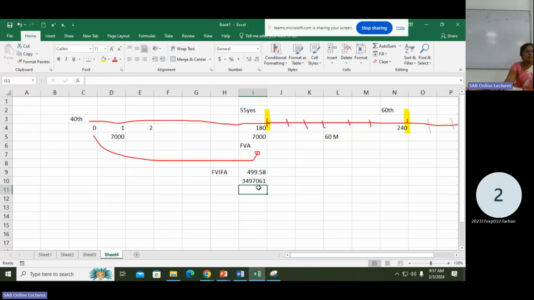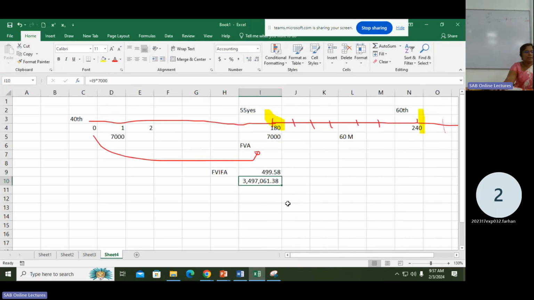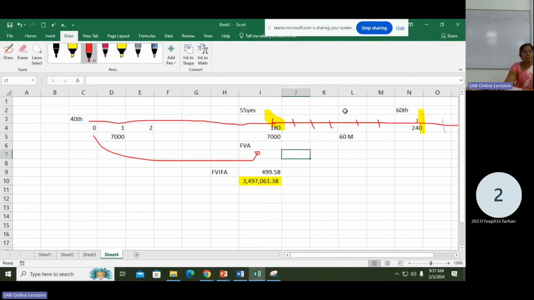So that is 3.4 million, 3,497,061 will be accumulated when you reach 55 years. There is no transaction for the next 5 years, but interest is calculated. There is no cash deposit or withdrawal, but you are getting interest for this account.